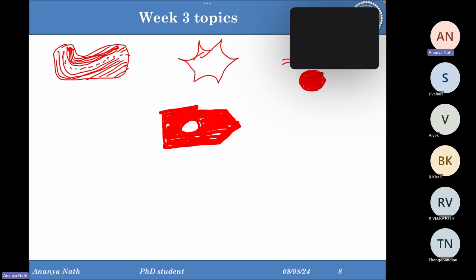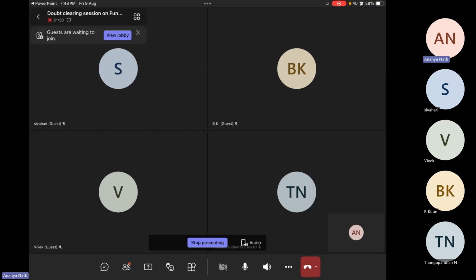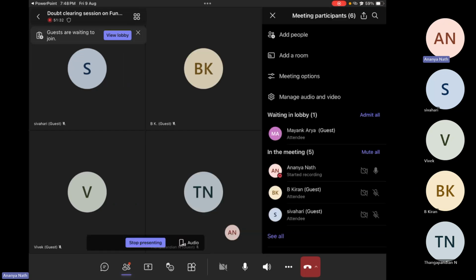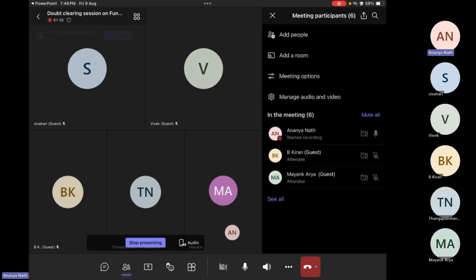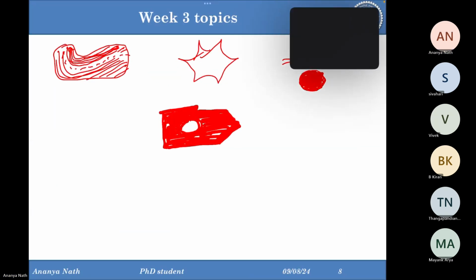These are some 2D scanning techniques or 2D hatch strategies that you can follow to print any particular geometry. What should I say?